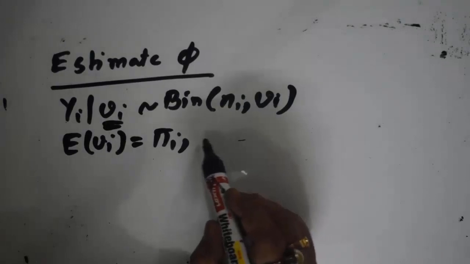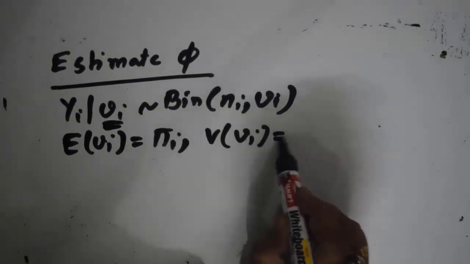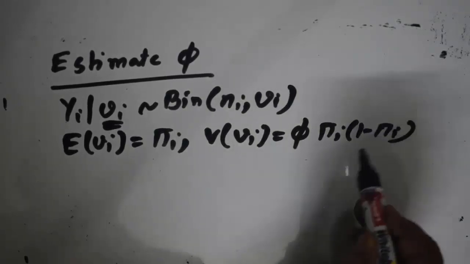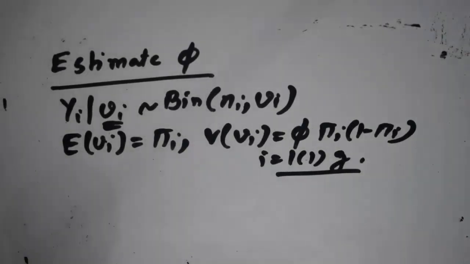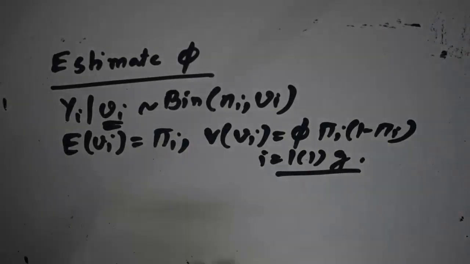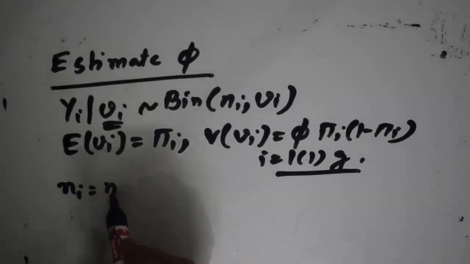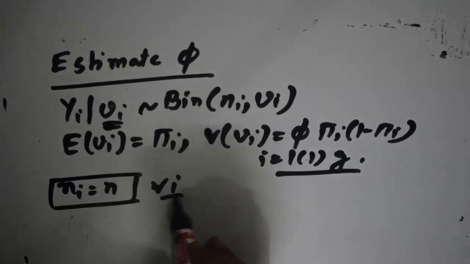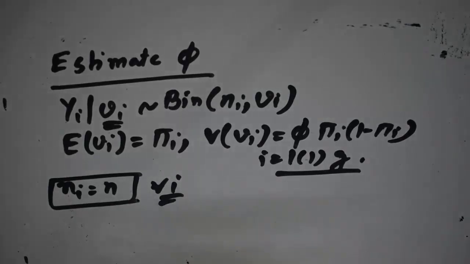Vi is random, and the variance of vi is equal to phi pi i into 1 minus pi i. And suppose we consider G groups, so i varies from 1 to G. Suppose ni equal to small n, that is the balanced case. The number of observations under each group are the same.